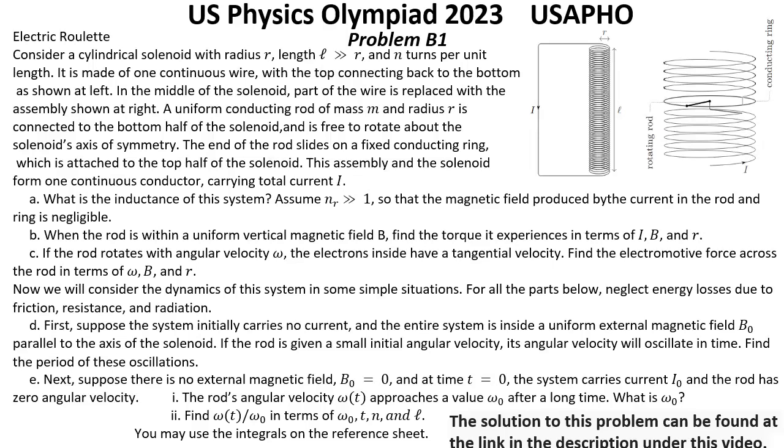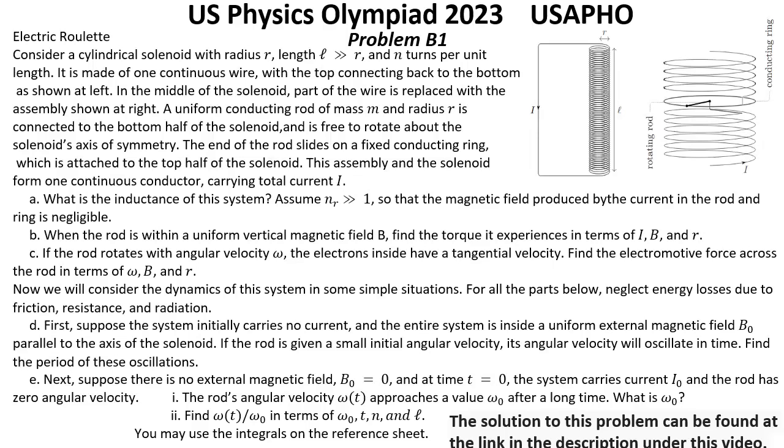Part E. Next, suppose there is no external magnetic field, B0 equals 0, and at time t equals 0, the system carries current I0 and the rod has 0 angular velocity. First question.